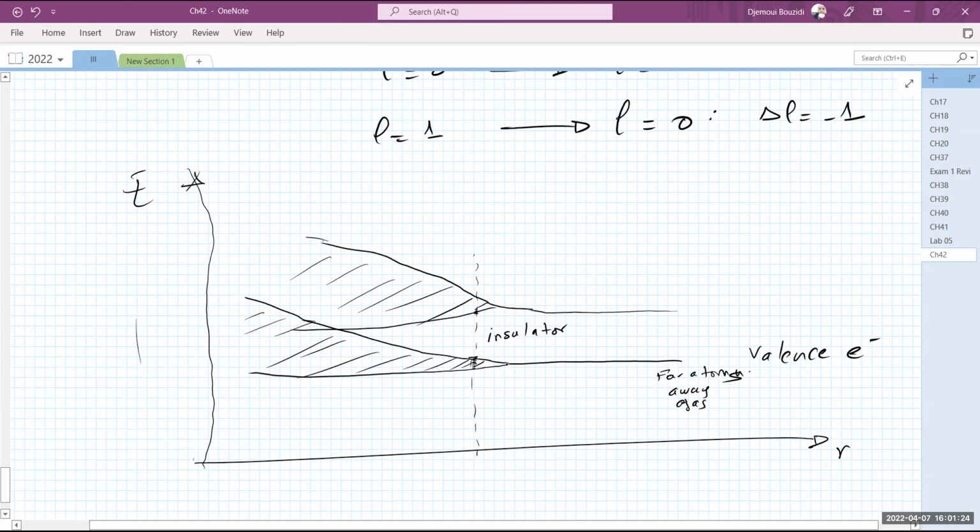When there is an overlap between the bands, with a little bit of electric field, the electrons that were in here will find the space where they can jump in there and can move at ease. So this is the case of conductors.